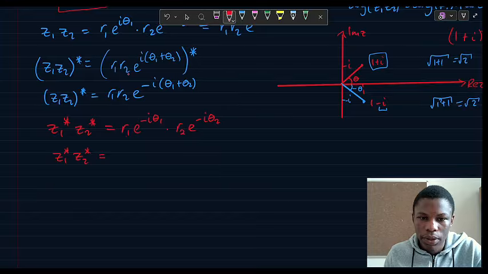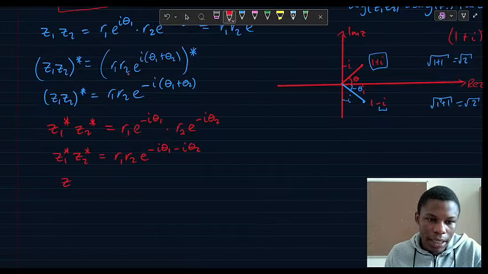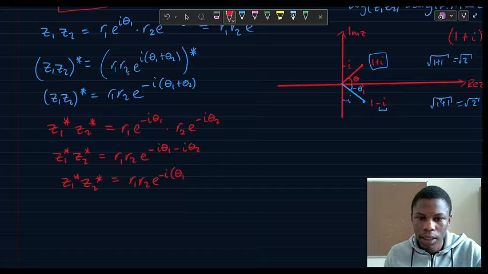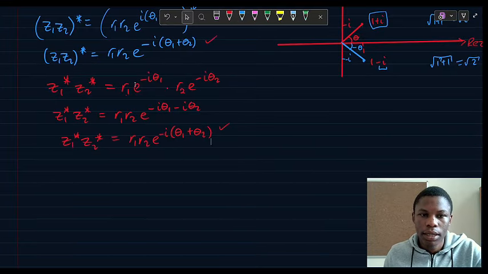Z1 star Z2 star is equal to R1 R2 e to the negative i theta 1, negative i theta 2. And if we factor out the negative i there, you can see that we get R1 R2 e to the negative i (theta 1 plus theta 2). And this is clearly the same as that, right?